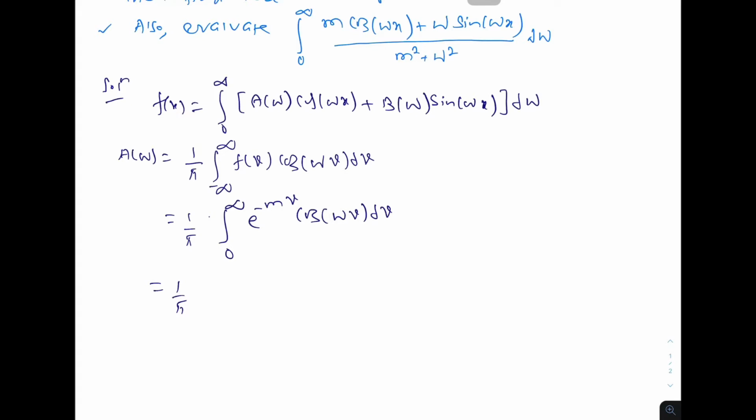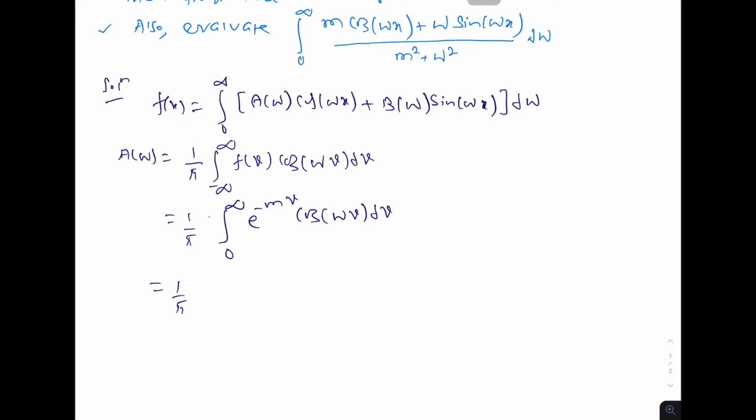Now we need to use the formula for integration of e power ax cosine bx and e power ax sin bx. You need to remember those formulae.